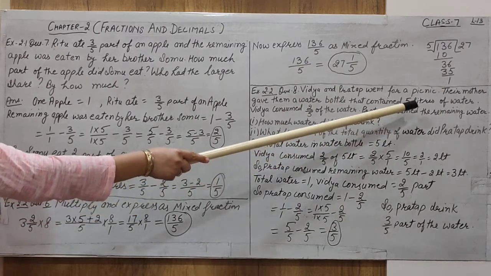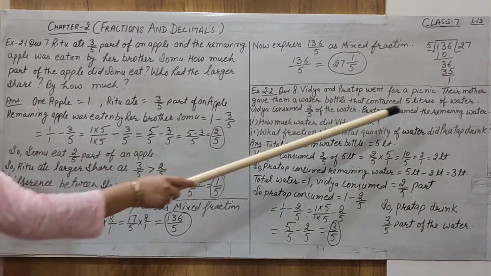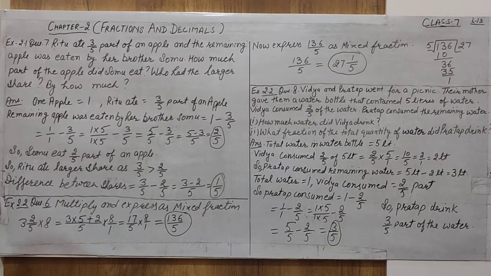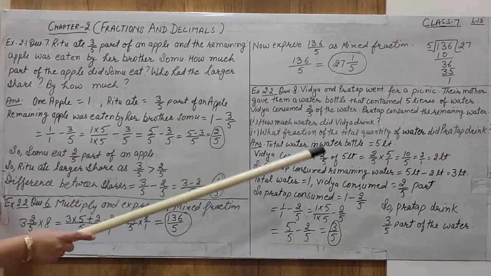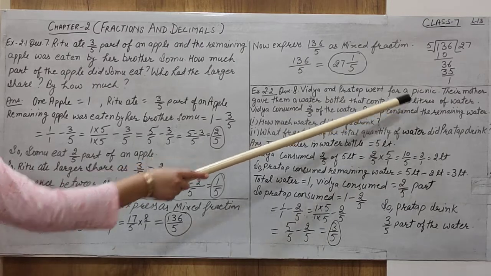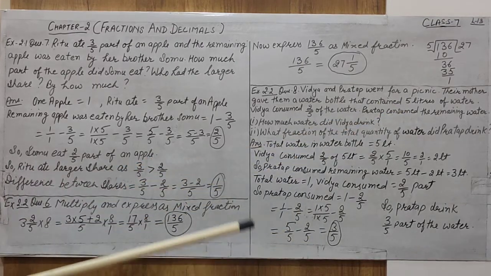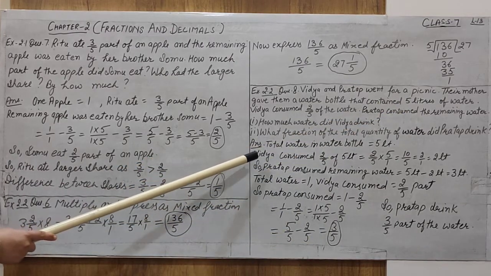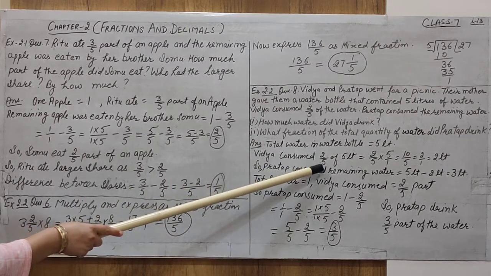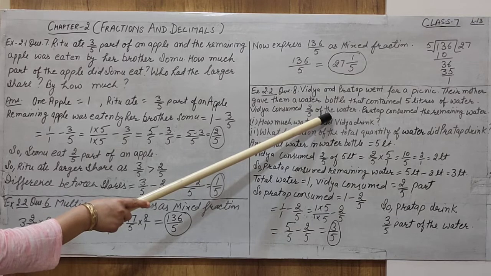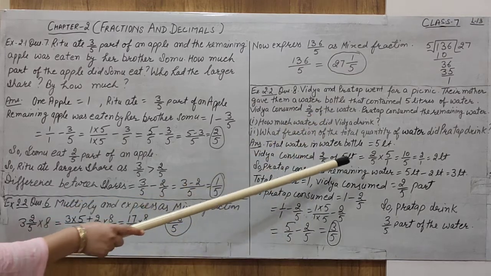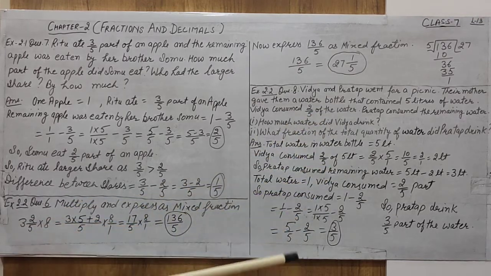So, Vidya consumed 2 by 5 of 5 liters of water. Vidya consumed 2 by 5, of what? Of the total, which is 5 liters. So, we must write: Vidya consumed 2 by 5 of 5 liters. Of water is given, so after of you must write 5 liters.